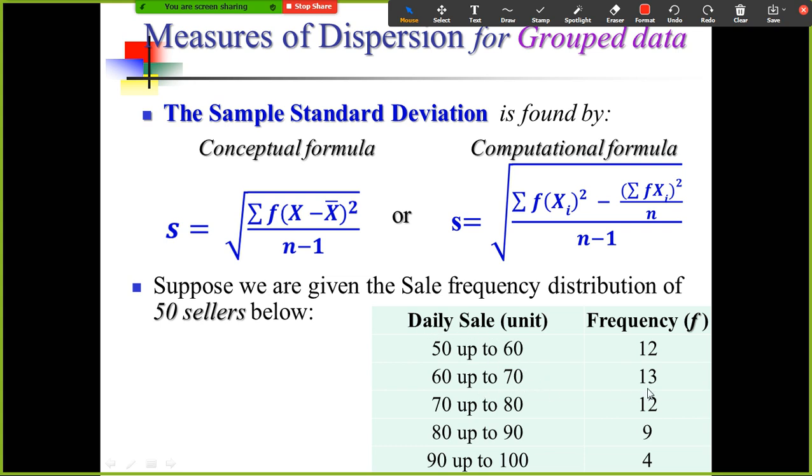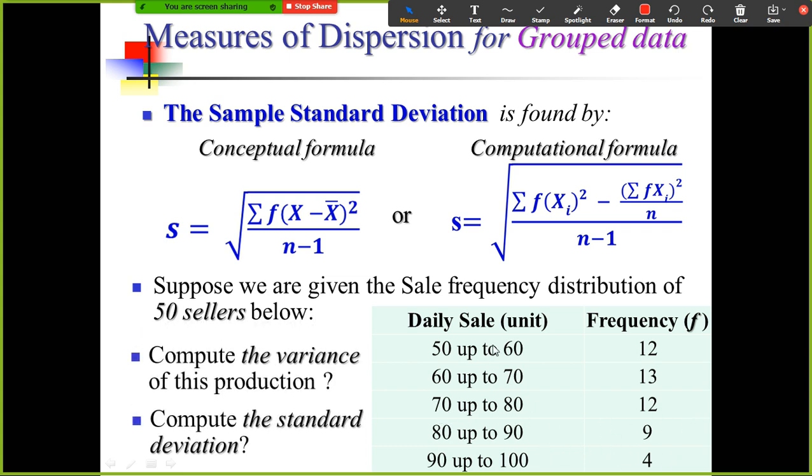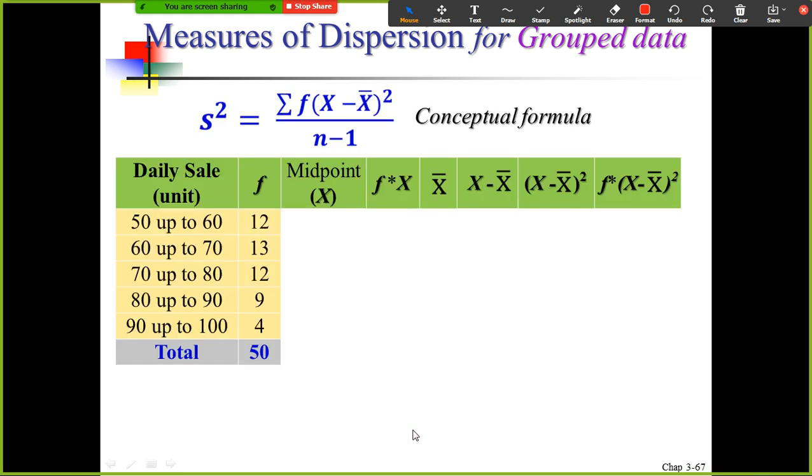There are 13 sellers that sell product from 60 to 70. There are 12 sellers who could sell product from 70 to 80, and so on. Okay, based on this frequency distribution, compute the variance and standard deviation.